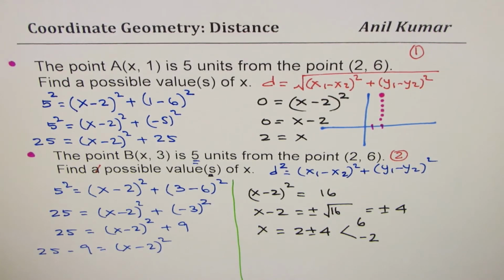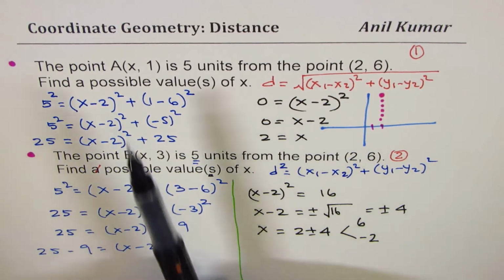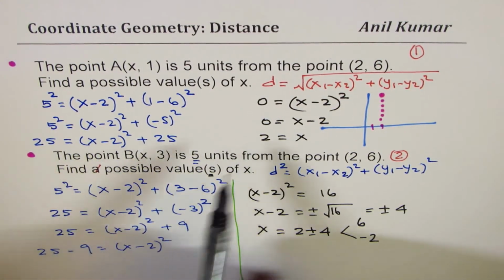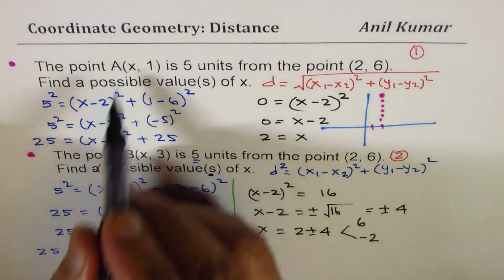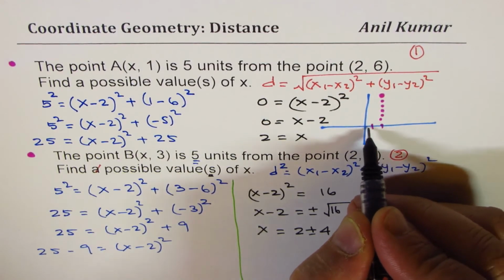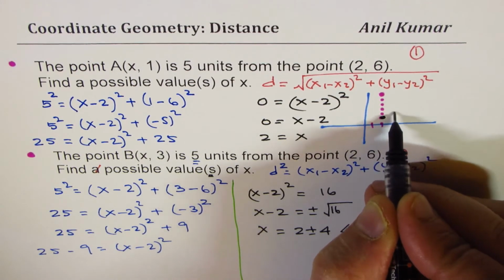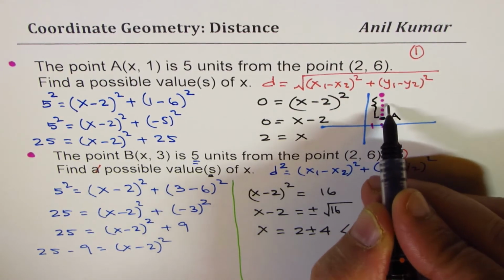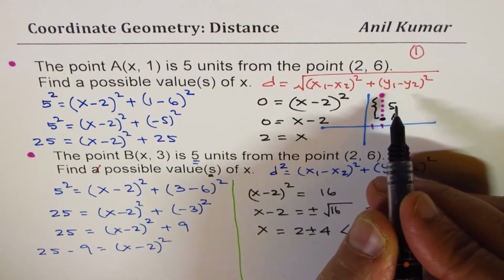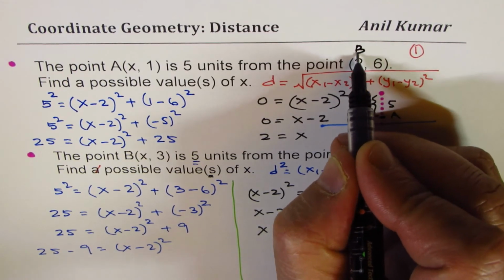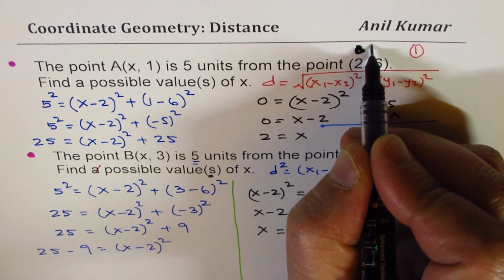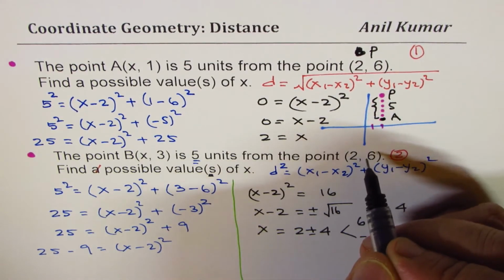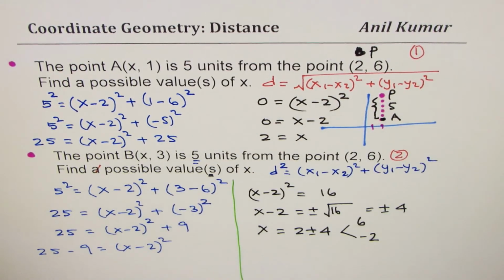Now, we were given the other point with a y value of 1, and we found that the answer was 2. So the point A basically is (2, 1). So this was the point A. Now, the distance here is 5 units. Let me call this point P. So P to A distance is 5 units. It's a vertical distance, as you can see.